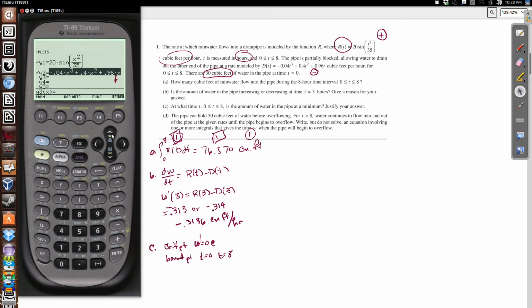What I may want to do is go ahead and cut this and then go up to my equation 1 and paste this. So minus this equation, paste, and have that be it.